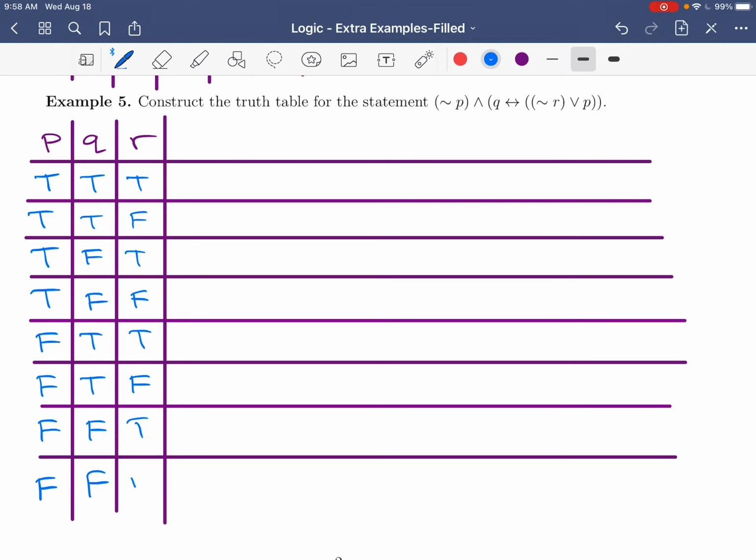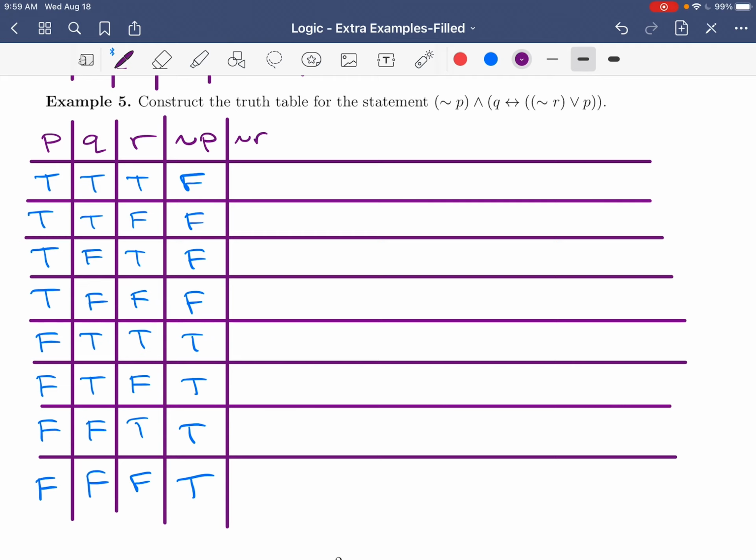Actually, it doesn't matter. Okay, so I want not P, so I might as well do that one. So that's going to be all false for the first 4, and then all true for the second 4. Here's where it's nice when you have a pattern, so you immediately know the negation.